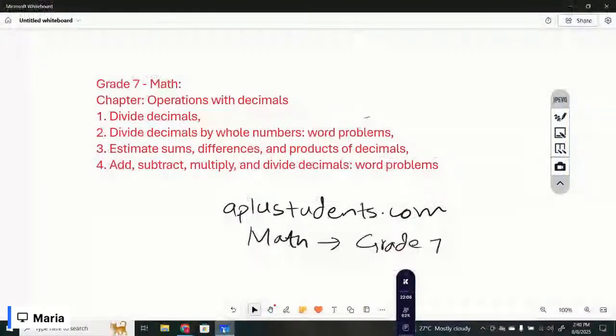The lessons we have covered today are divide decimals, divide decimals by whole numbers word problems, estimate sums, differences, and products of decimals, add, subtract, multiply, and divide decimals word problems. So please make sure before the next session you complete all the practice questions for the lessons we just did. That is your homework until the next session.